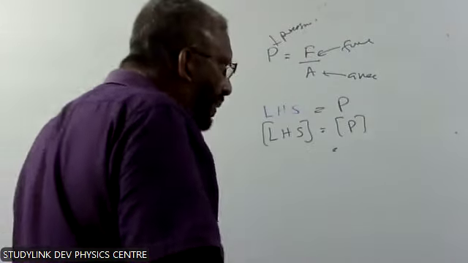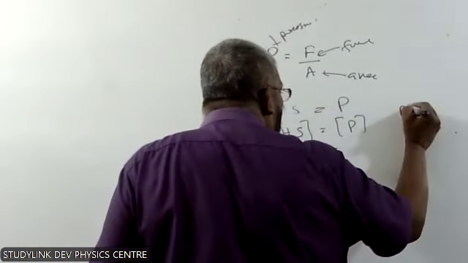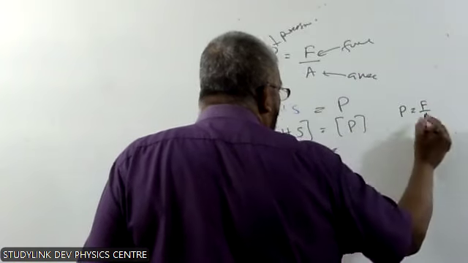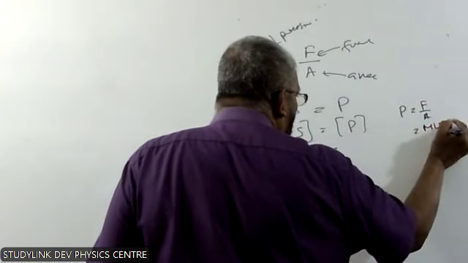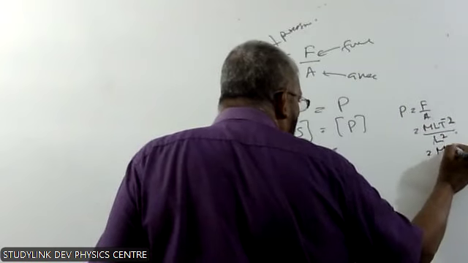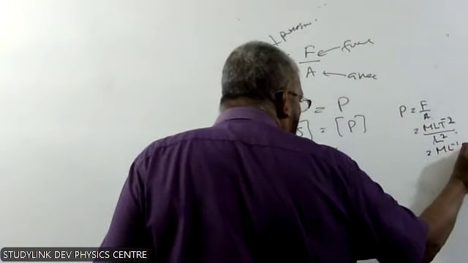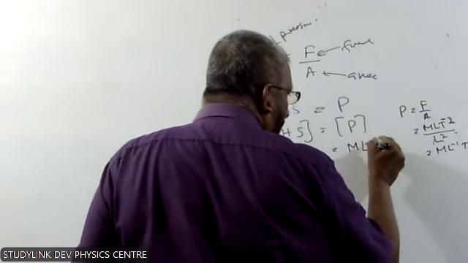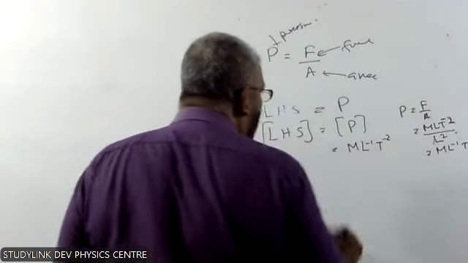If you can't remember, just write P is equal to F over A. Force is MLT minus 2 divided by area, L square. Then ML minus 1 T minus 2. If you don't know, you can work it out separately, and here you write directly ML minus 1 T minus 2.